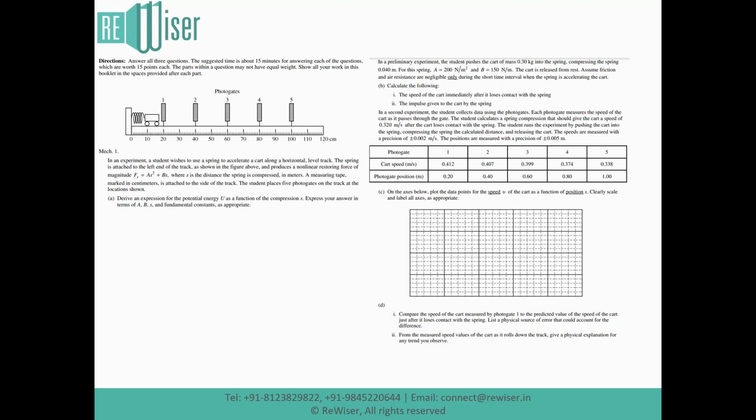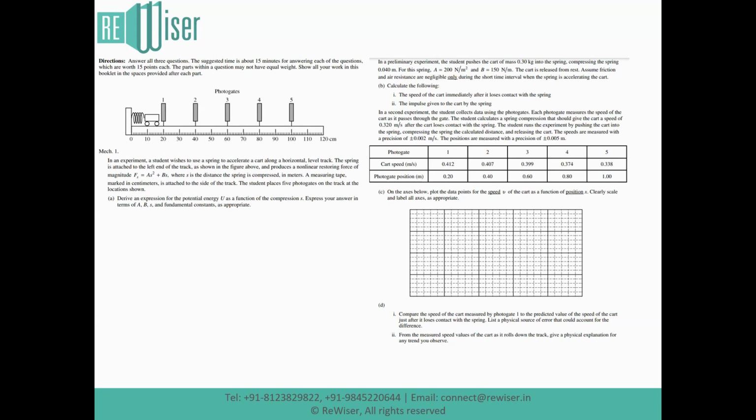A measuring tape marked in centimeters is attached to the side of the track. The student places 5 photo gates on the track at the locations shown. A photo gate is a device which records the time instant at which a particular object passes through the given photo gate.